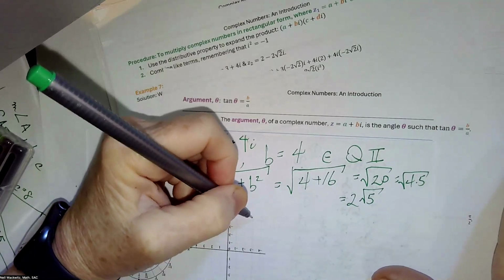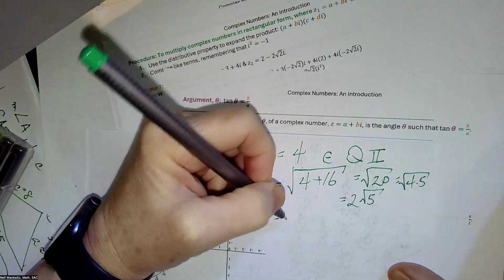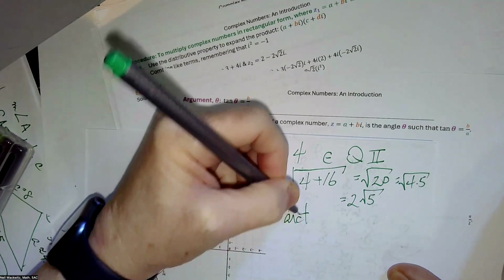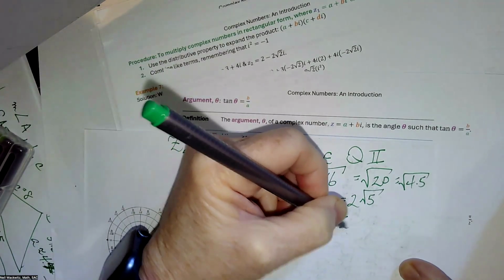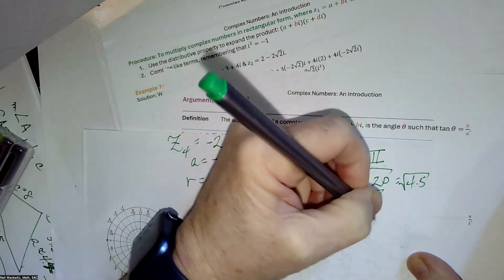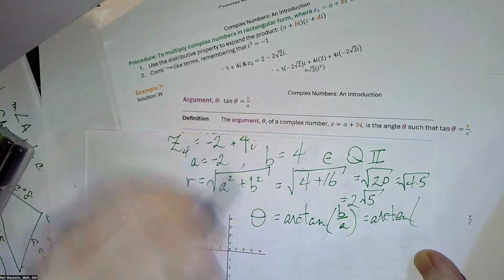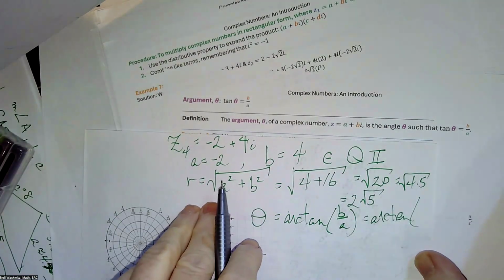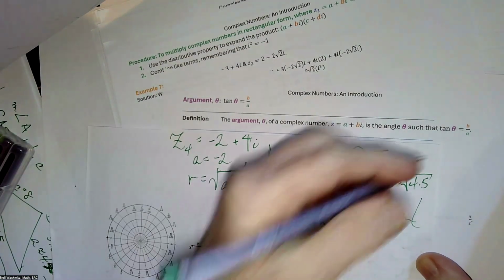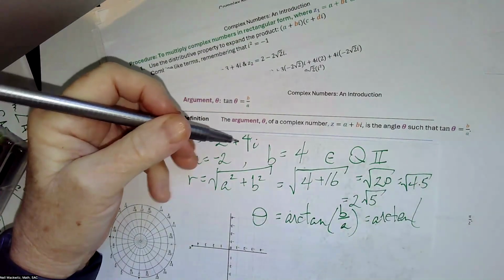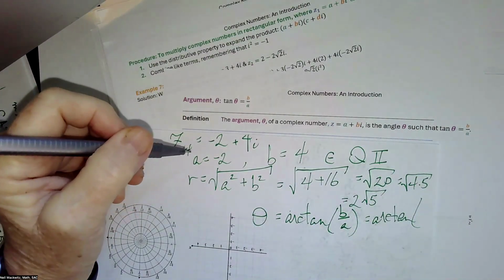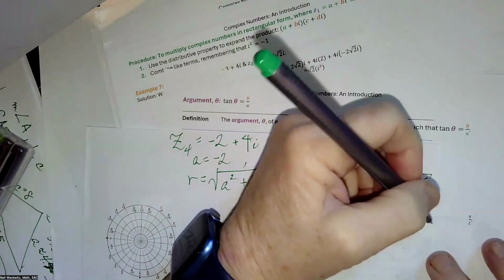For the argument, we have theta is equal to the arctan, or the inverse tan, of b over a. b is 4, a is -2. 4 divided by -2 is just -2.